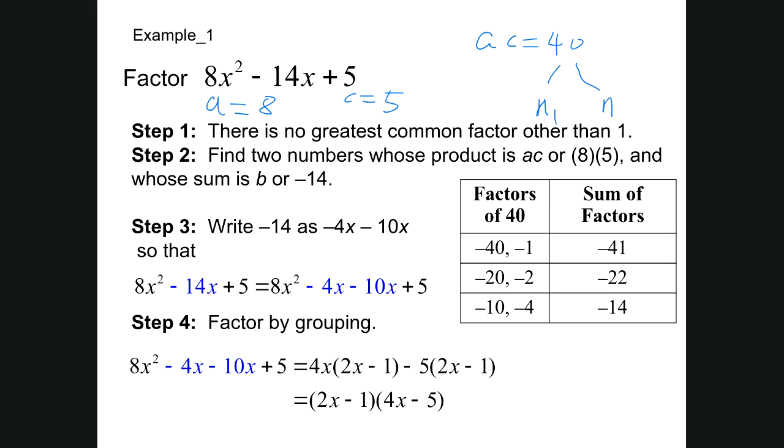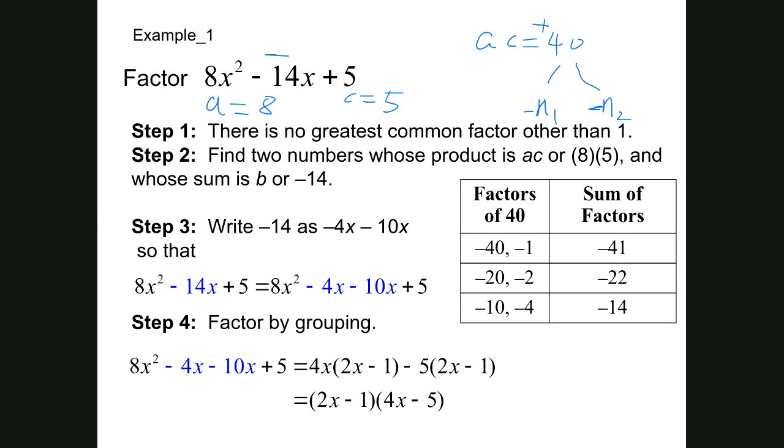These two numbers added together will equal negative 14. Since the last term is positive and my middle term is negative, we need to break this down into two negative numbers. Negative times negative equals positive, and negative plus negative equals negative. So we're just going to try the negative numbers.